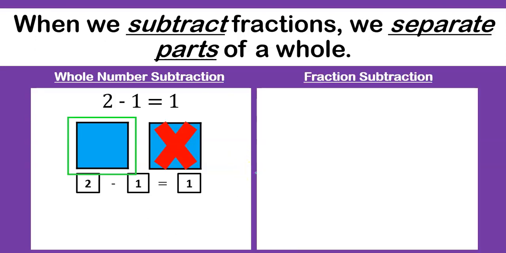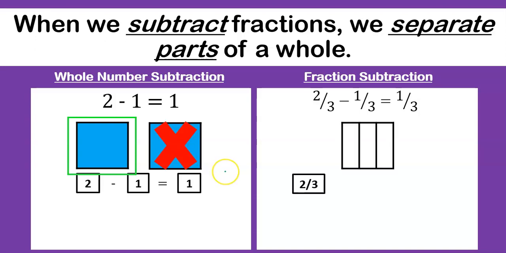So we are going to do the exact same thing when we subtract fractions. In the problem 2/3 minus 1/3 equals 1/3, we're going to start out with 2/3. Notice, once again, all my denominators are the same. So we can only add and subtract with like denominators.